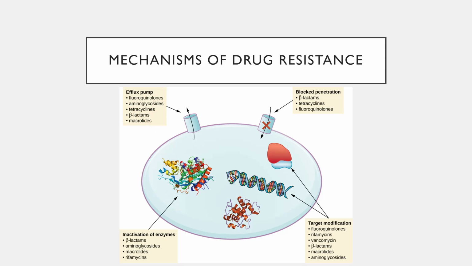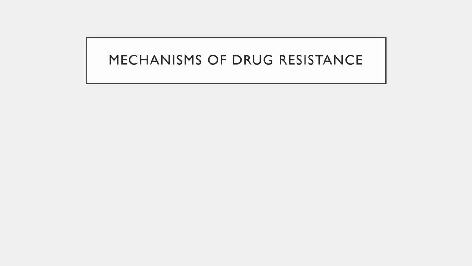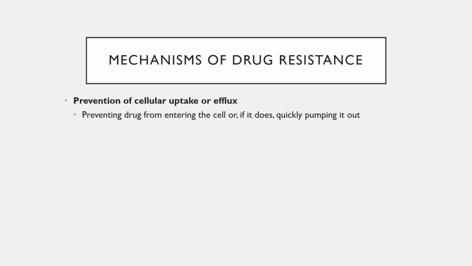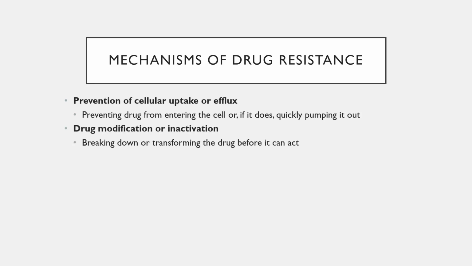Efflux is where the cell will quickly pump the drug out if it happens to be taken in. So this is one way in which microbes can become resistant to drugs. Another way is drug modification or inactivation. What this means is that the microbes may have developed a special enzyme that can break down the drug or transform it into an inert form before it can act on the cell.